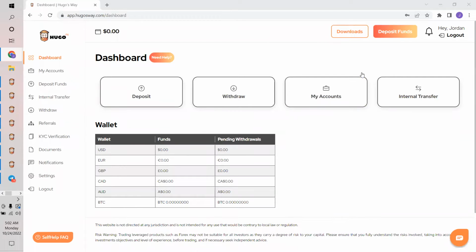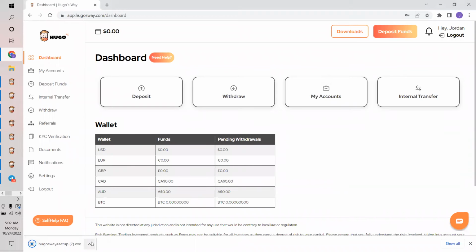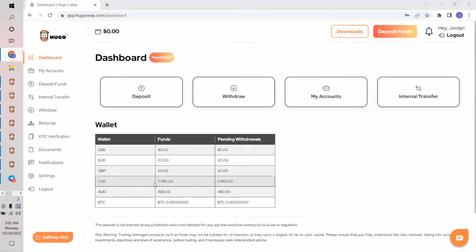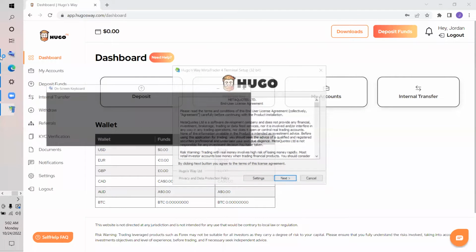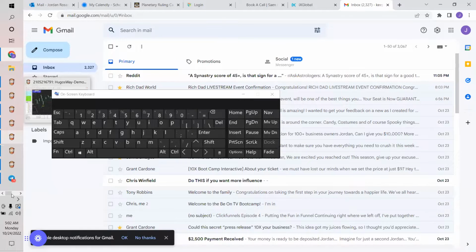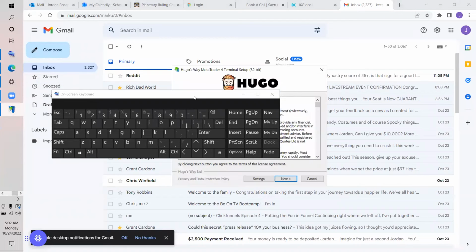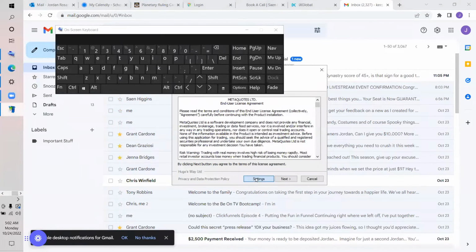All right, everybody. So what I'm going to do is go to the download section right here. I'm going to click on MT5 for Windows. I know a lot of us know the drill, but for those who are just looking at this and saying, what is going on? This is how I add some of the programs that I have over on my side. This is how I start that particular process. So first thing I'm going to do is left click on settings.